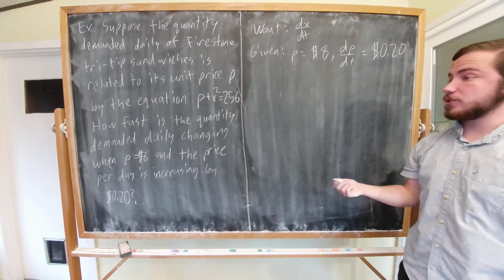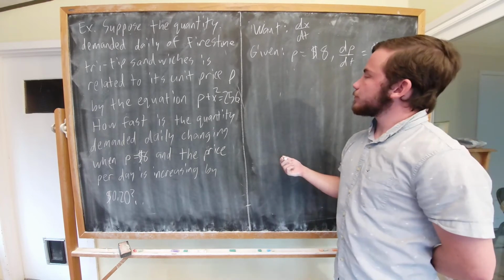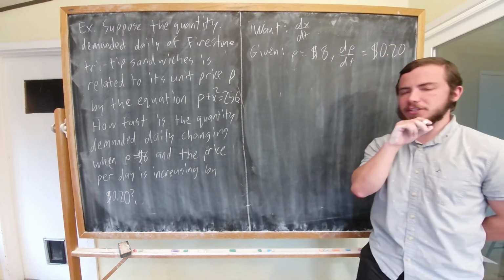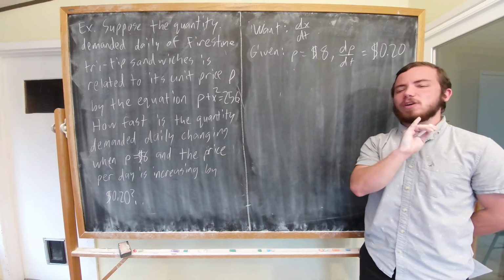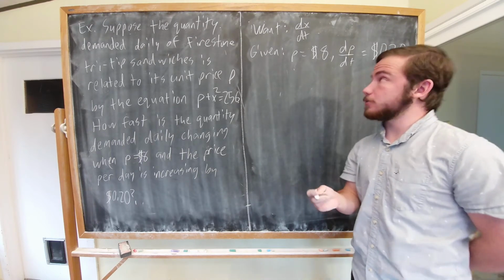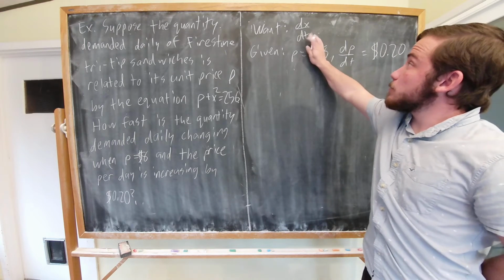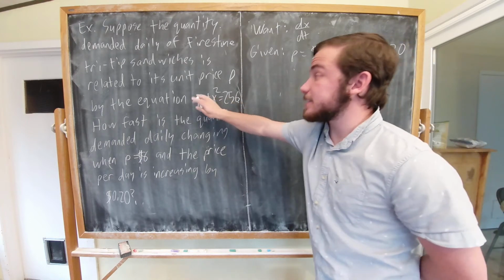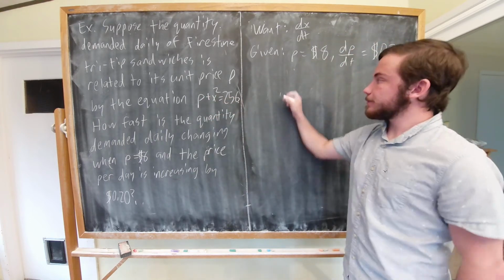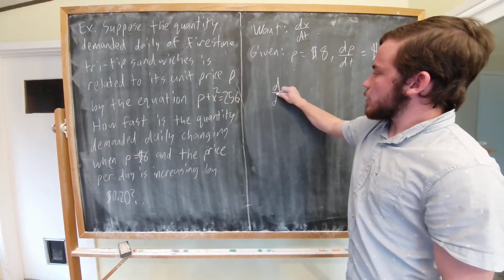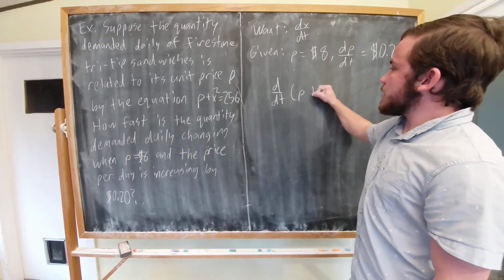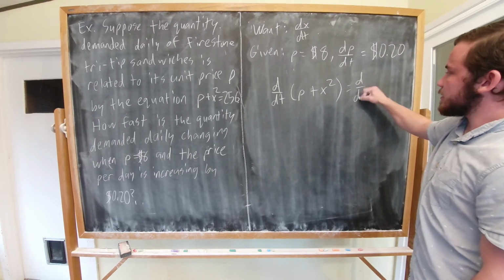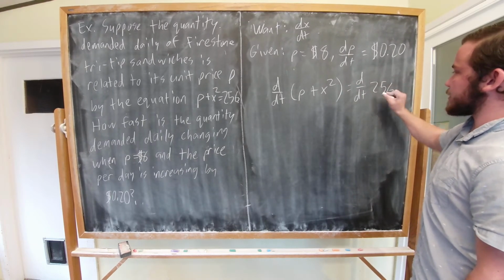Okay, how do we actually get that? Well, we have an equation right there. We know how to do implicit differentiation. Here, I want my derivative with respect to time, so let's take d/dt on both sides. d/dt of P plus x squared is equal to d/dt of 256.